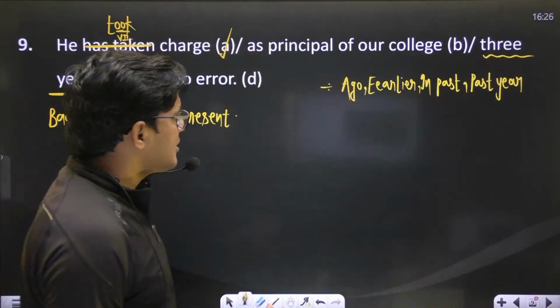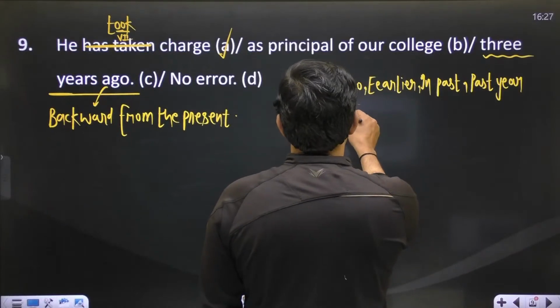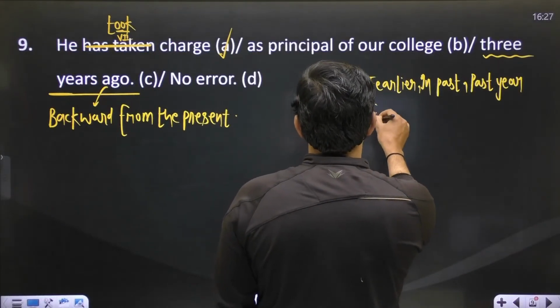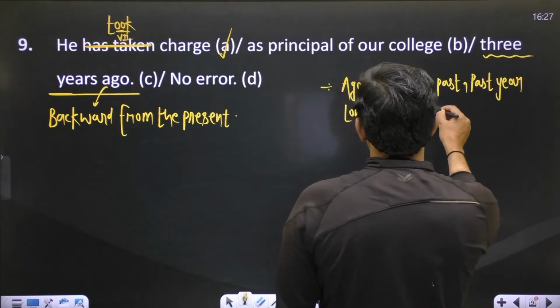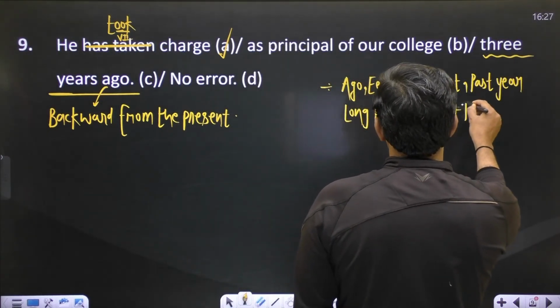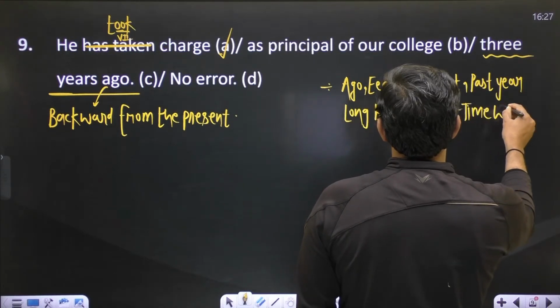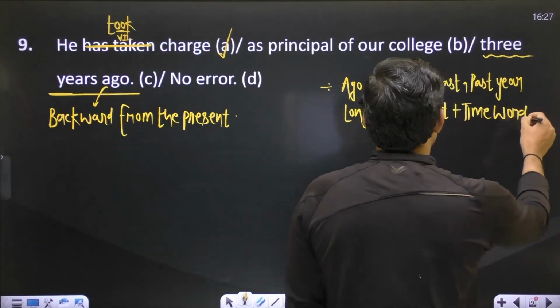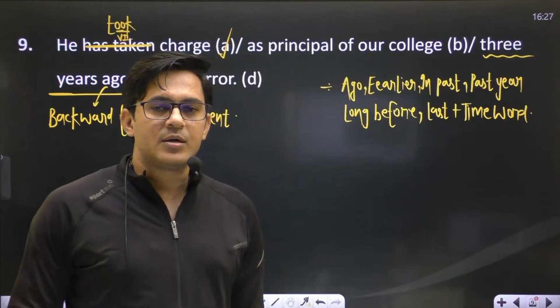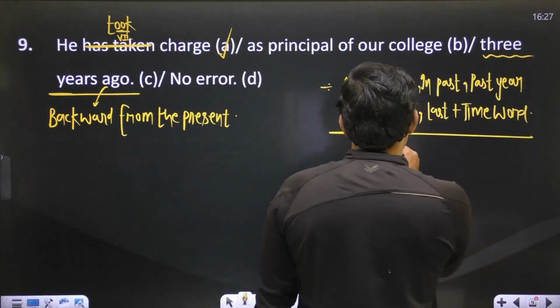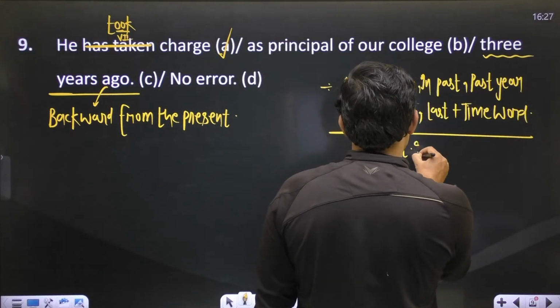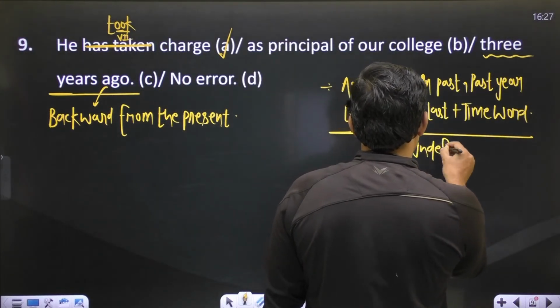Whatever, any past year. Or many of the words like long before, this word long before also denotes the past tense. Or you can say last plus time word, meaning last month, last year, last century, last week, right? So all these words demand simple past or past indefinite tense.